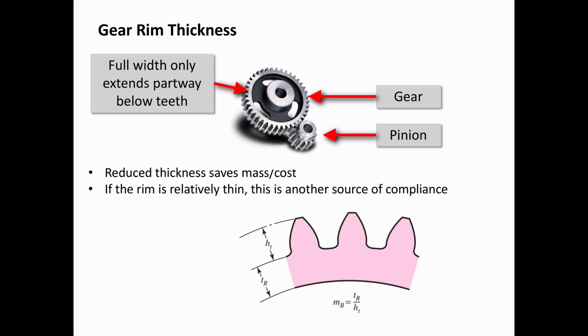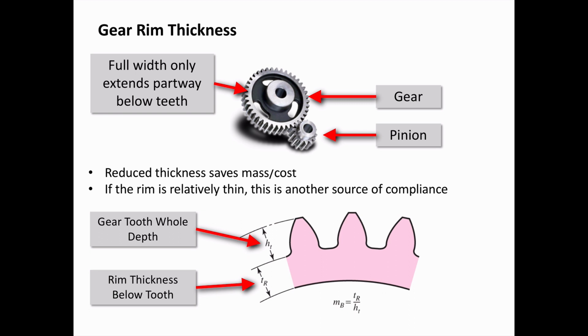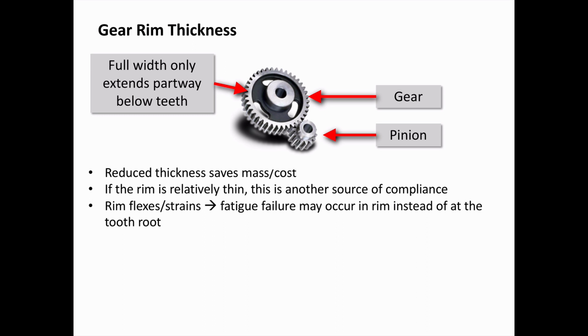So to get more precise, if we zoom in on the teeth and the rim, we can define the gear tooth whole depth as H sub t and the rim thickness below the tooth as T sub r. And we can use that to predict whether we need to account for a reduced gear rim thickness.